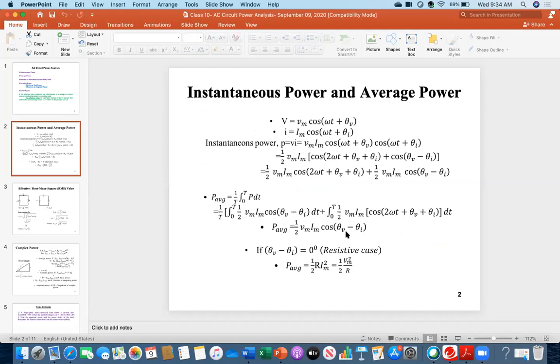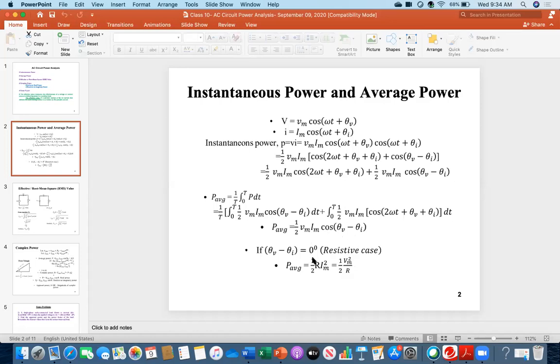And then you see this expression, the very last expression. If you put 0 degrees here, this gives 1, and then there is half VmIm, but I want to express it either in terms of Im or only in terms of Vm. So when this value is 1 because of the resistive case, what is Vm? Vm is Im multiplied by R in the circuit.